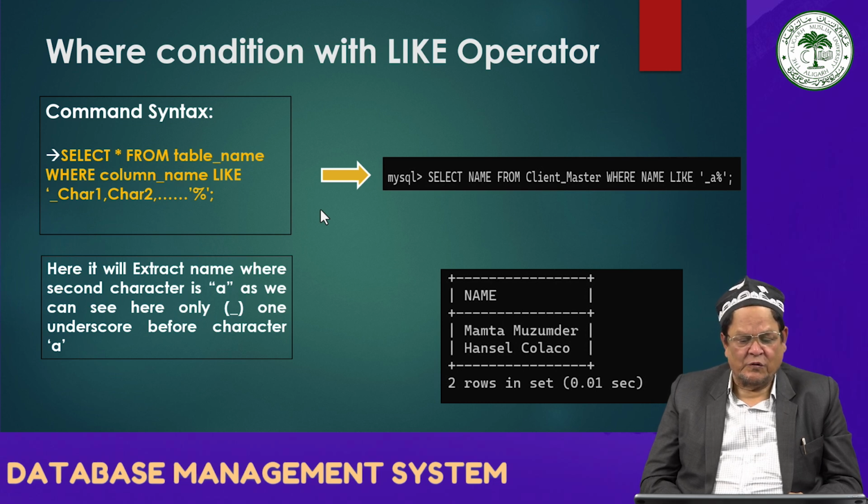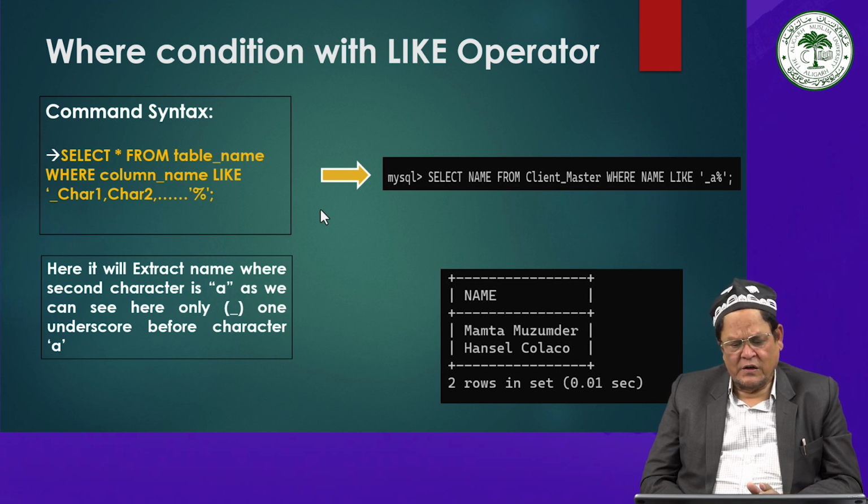It means it will extract the names where the second character is A, as we can see there is only one underscore before the character A.